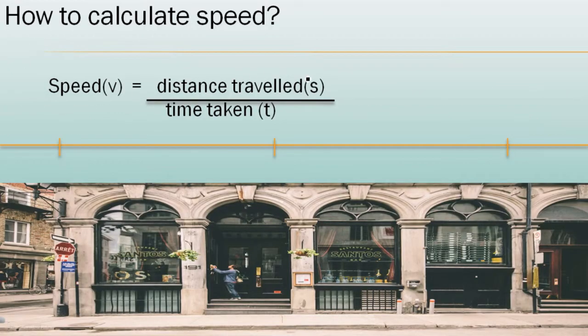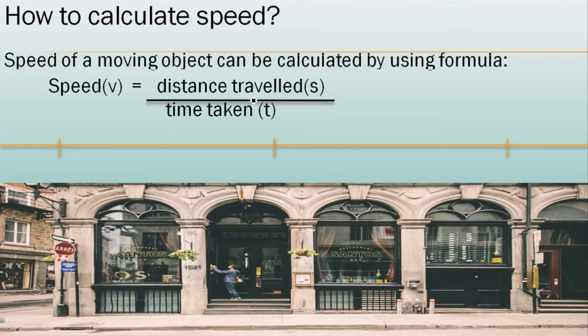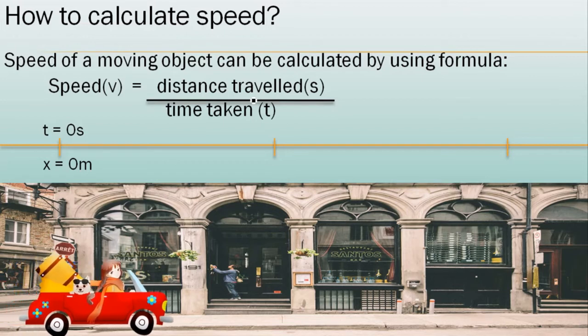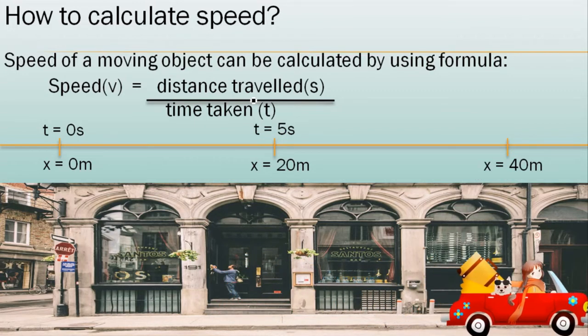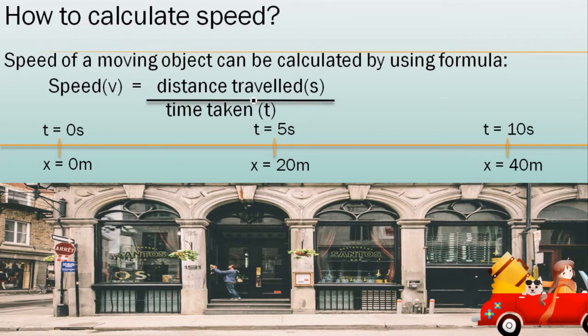How to calculate speed? We have already discussed the formula of speed, that is speed is equal to distance upon time. So by this formula we can easily calculate the speed. For example, this car is firstly at point A, afterwards it moves toward point B, then again it moves toward point C. So at this point C, I want to check what is the speed of this car. Fine. So what is the speed?